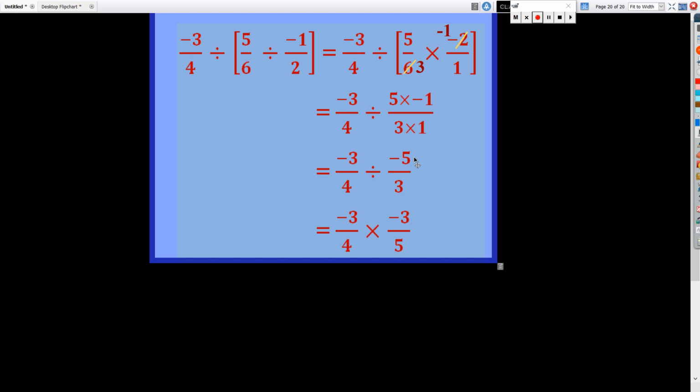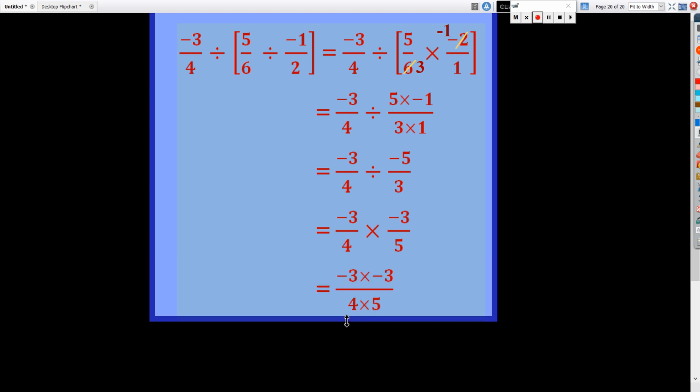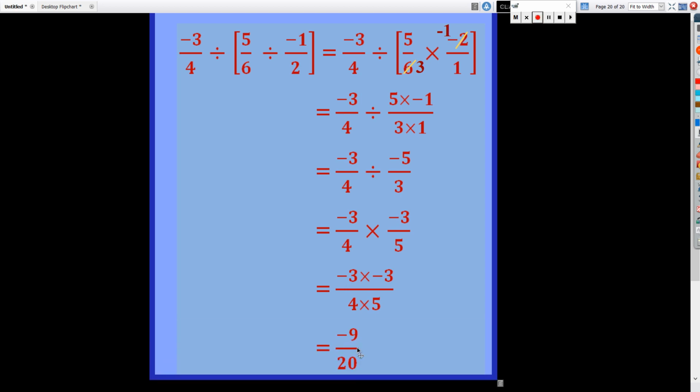So negative 3 by 4 into negative 3 by 5. Now there is no common factor in numerator and denominator. So multiply the numerator, negative 3 into negative 3, and the denominator is 4 into 5. That is negative 9 by 20.